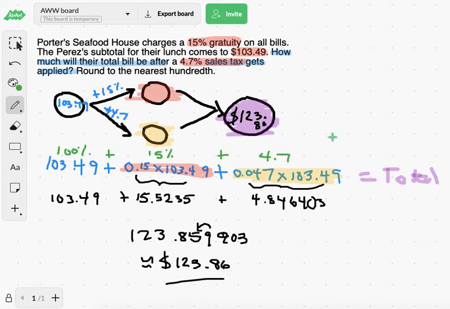So I got the two percentages from the same number, right? It's not like a markup where a markup has a different price. This comes from the same number. So because it comes from the same number, that is why I can add the percents together. So this is going to be 119.7%.